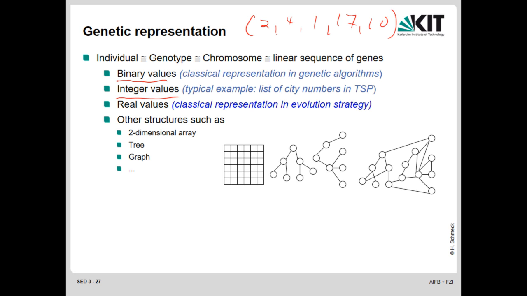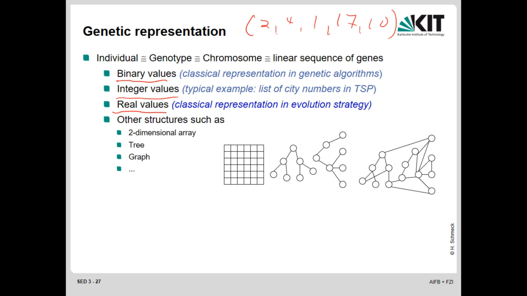Could be a representation. Then you have integer values. Could also have real values. In evolution strategies, that's what you take there. So there can be problems where you need real values to represent your problem or your problem setting.